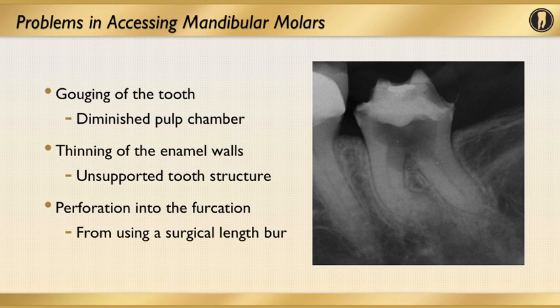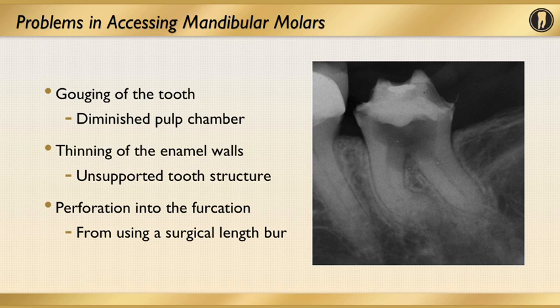Some problems that may occur while accessing mandibular molars include gouging of the tooth. We may see this more commonly in diminished pulp chambers through calcification, heavy restoration and reactive dentin deposition. Another is the thinning of the enamel wall. Many times, the excessive removal of tooth structure will weaken the tooth to the point where it's unsupported and causes fracture down the road in the long-term treatment scenario.